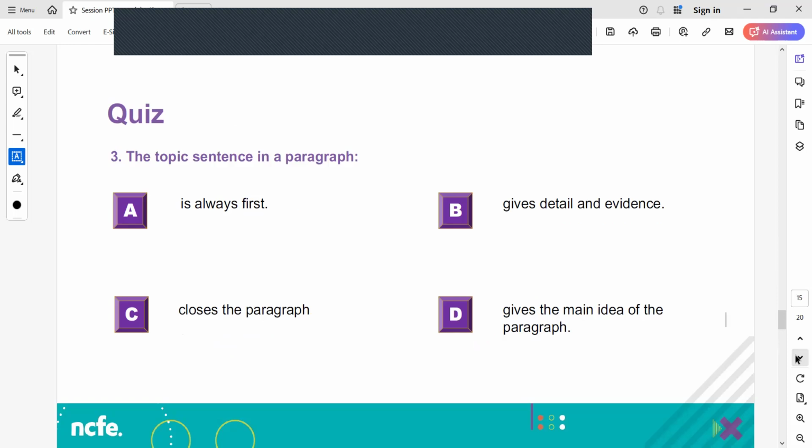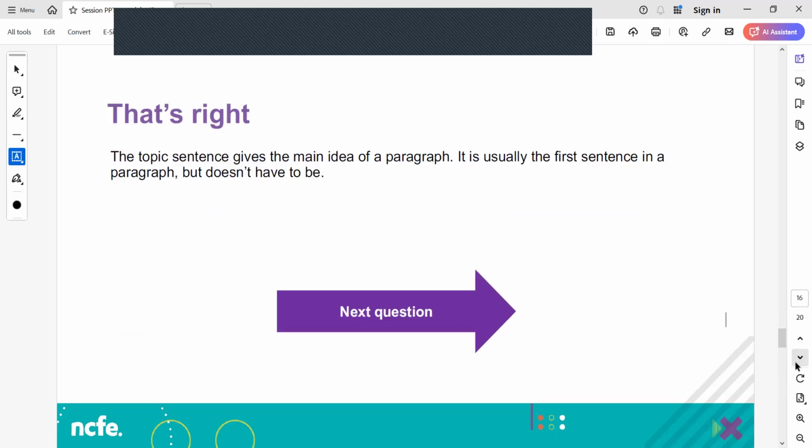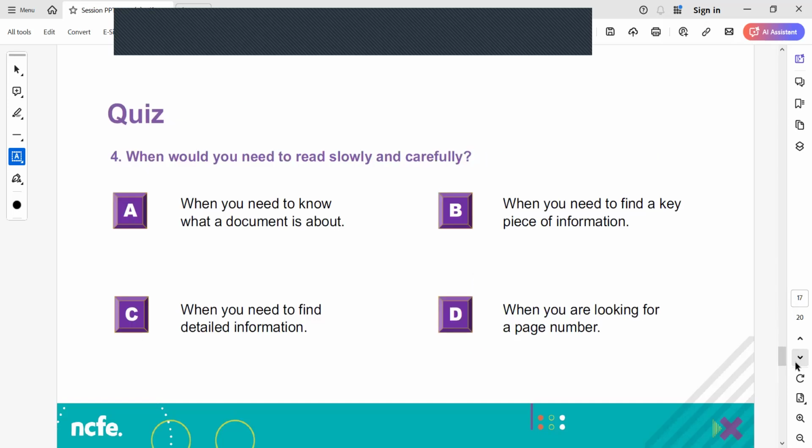The topic sentence in a paragraph is always first, gives detail and evidence, closes the paragraph, gives the main idea of the paragraph. Give the main idea. Good. So D, gives the main idea. Usually first, but not always. When would you need to read slowly and carefully?